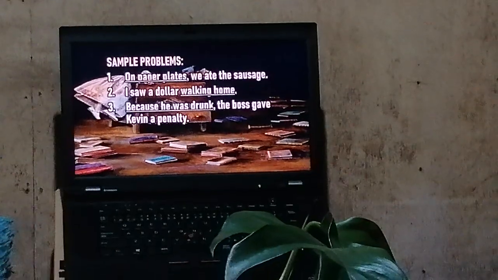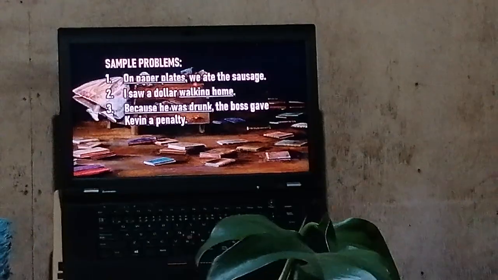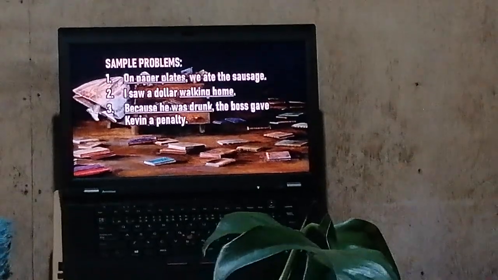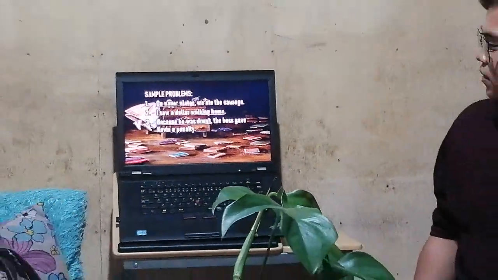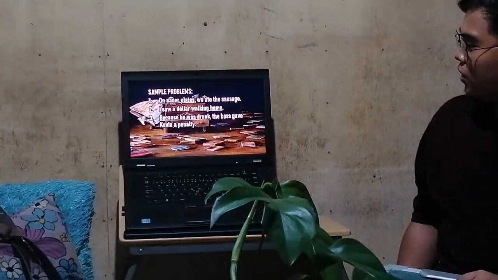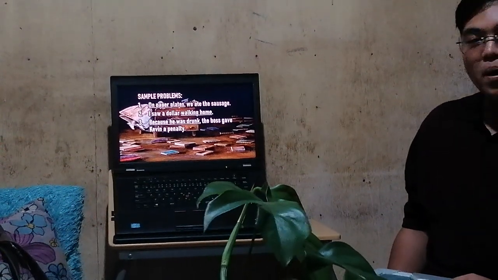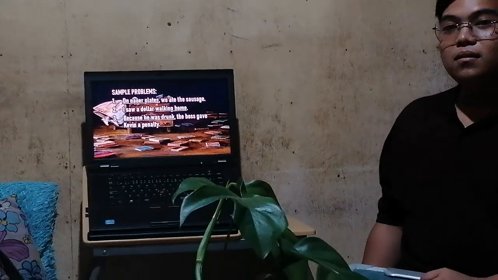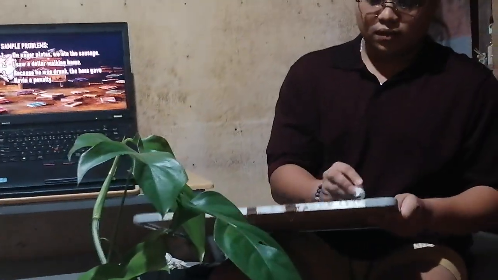If you can observe, on paper plates as the modifier modifies the word we, which sounds unusual, because what it says here is, on paper plates, we ate the sausage, and what the modifier is modifying is the word we, which means that we are on paper plates. Just observe. So what are we going to do with this one? For me, I'm going to do this one.